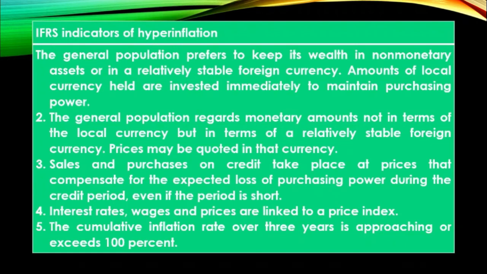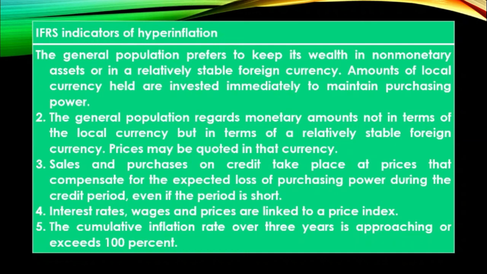So, the indicators are: Number 1, the general population prefers to keep its wealth in non-monetary assets or in a relatively stable foreign currency, and amounts of local currency held are invested immediately to maintain purchasing power. Number 2, the general population regards monetary amounts not in terms of local currency but in terms of relatively stable foreign currency.